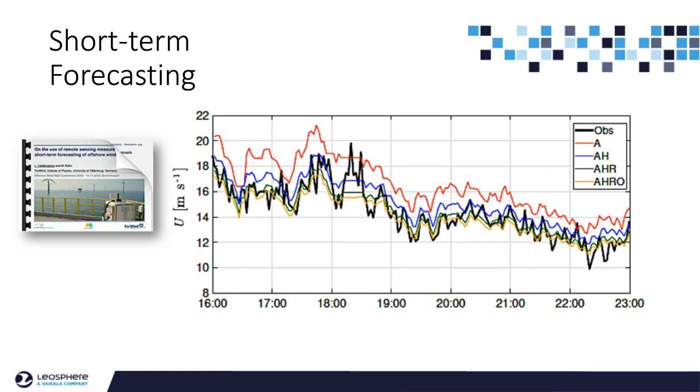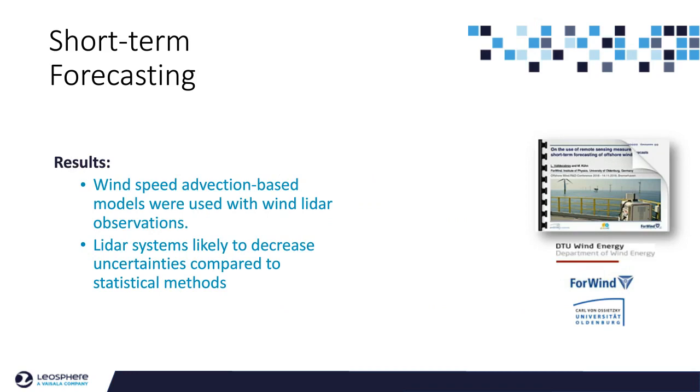These models were also compared to commonly used statistical models, and they noticed an improvement of between 4 and 28% in stable conditions by using these advection models with the LiDAR data instead of the statistical model. So in this campaign, the scanning LiDARs showed they can provide information on site-specific effects and give a more accurate forecast since it has less uncertainty, especially during ramp events where there is a large variation in wind speed in a short time period.